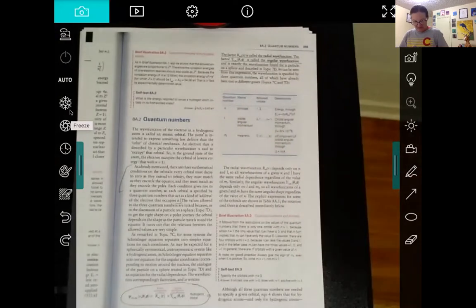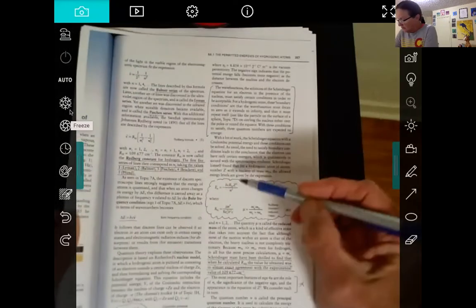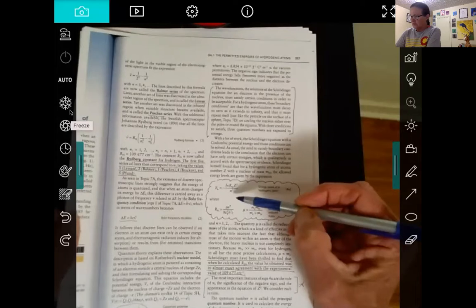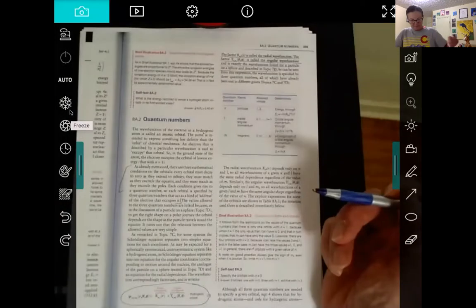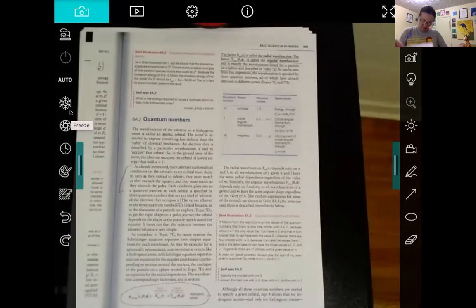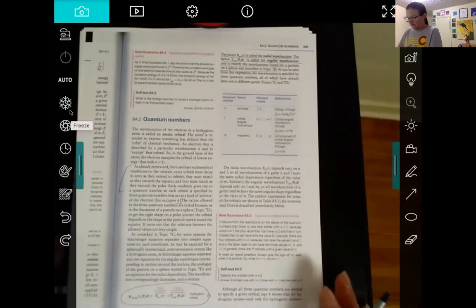So we saw already that the energy that comes out of Schrodinger's equation for the hydrogen atom is only a function of one of those quantum numbers, the n quantum number. And the other two tell us something about the angular momentum.